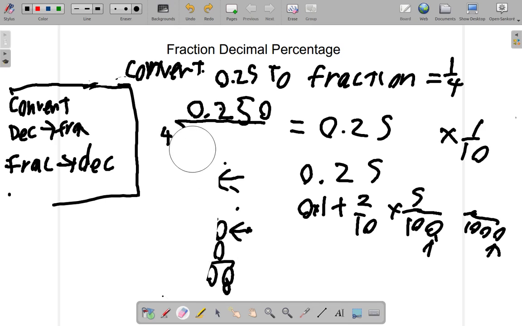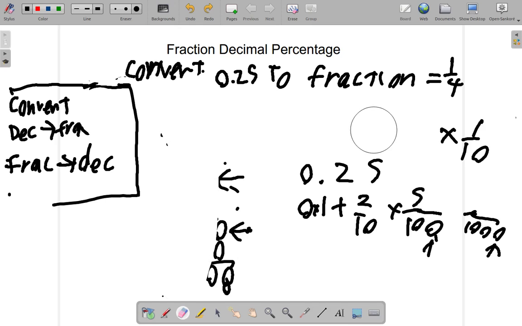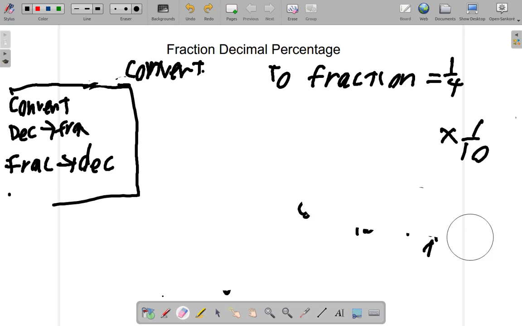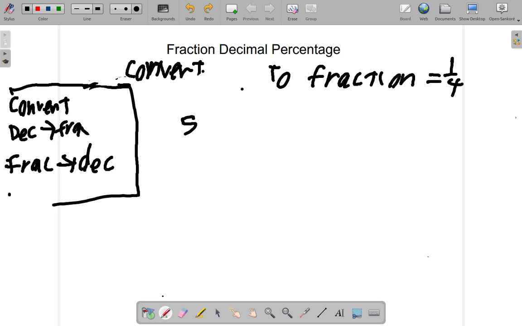One more example before we finish. We're not going to do percentage in this particular lesson, but we'll put it off for another time. Suppose, for example, you have 5/11.